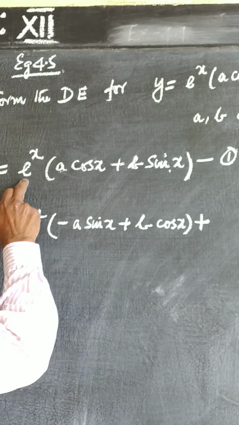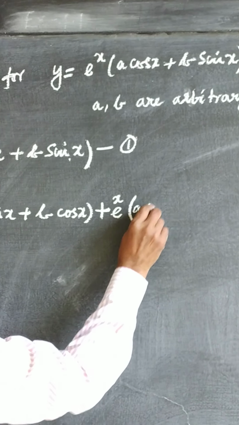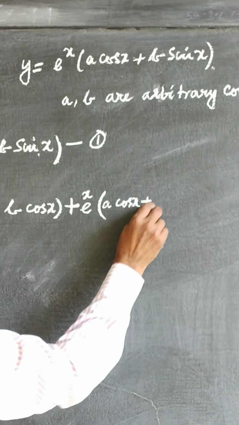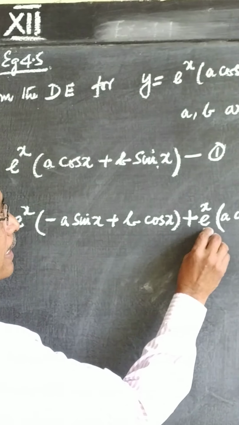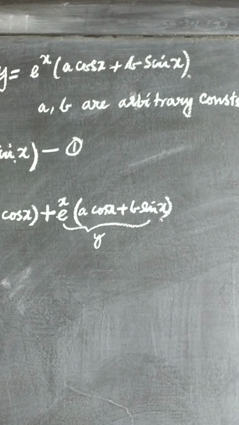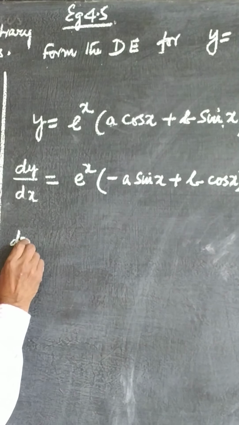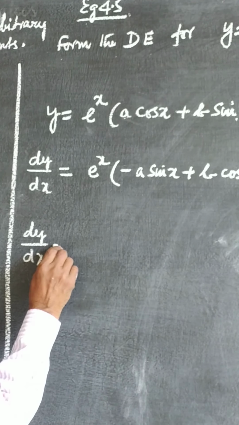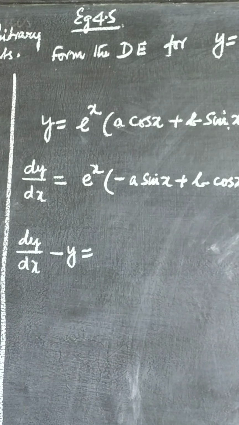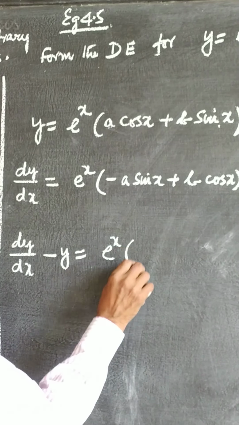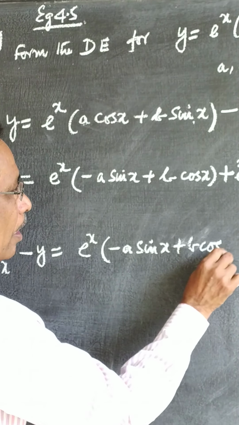What is the differentiation of e power x? e power x itself, into a cos x plus b sin x. Now a cos x plus b sin x is what? This is y. So you take this y to the left hand side. So dy by dx minus y is equal to e power x into minus a sin x plus b cos x.